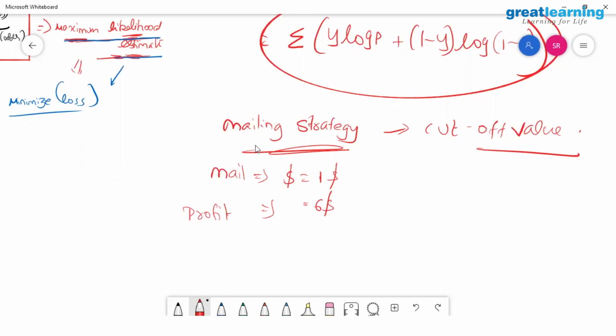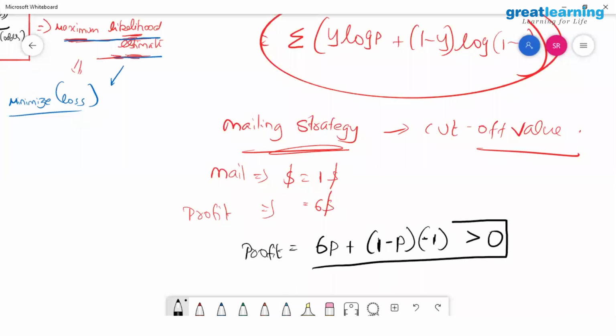Now I'm going to come up with a formula. Profit is equal to 6p plus (1 minus p) times -1, and it should be greater than 0. I'll just explain it.